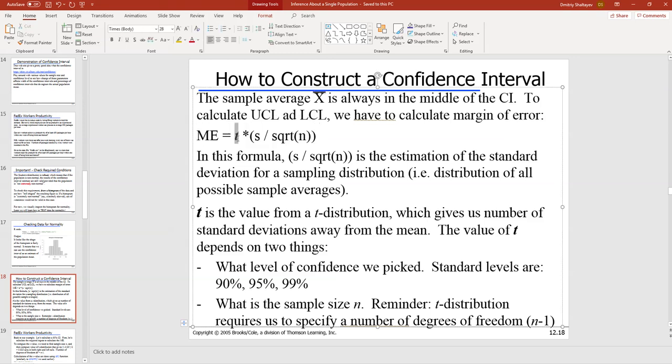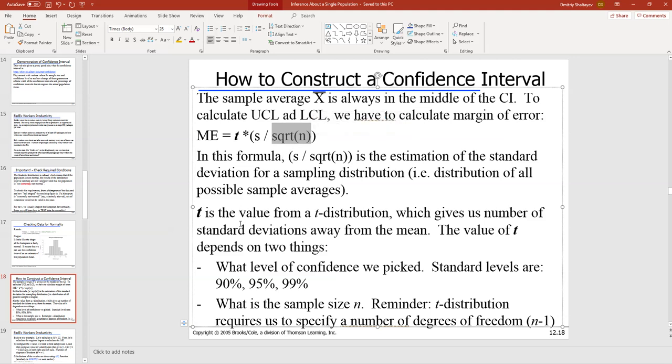Again, T gives me the number of degrees of freedom. Oh, sorry. Number of standard deviations, right, that I have to go to the right and to the left. S is something that I need to compute. That's just the standard deviation of the sample. And I need the square root of n, and this is the formula, right? Number of standard deviations times S divided by the square root of n.